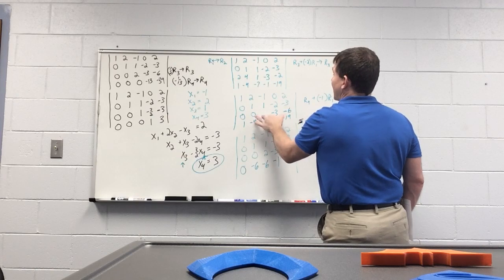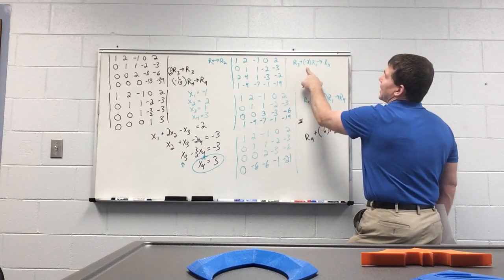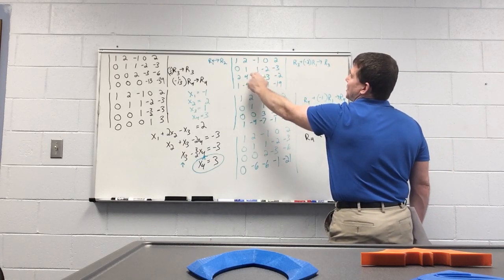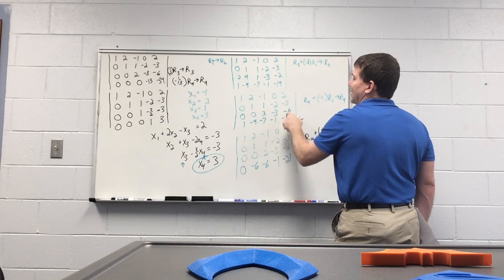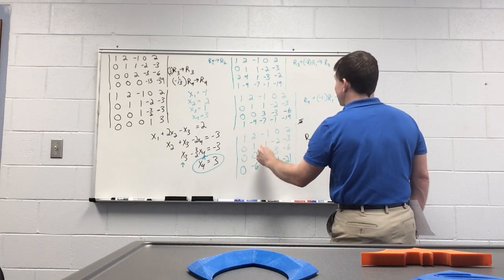This should be a 3 right here. Right here, negative 2 times r sub 1. Negative 2 times negative 1 is 2. 2 plus 1 is 3. This will stay the same. None of these other ones.